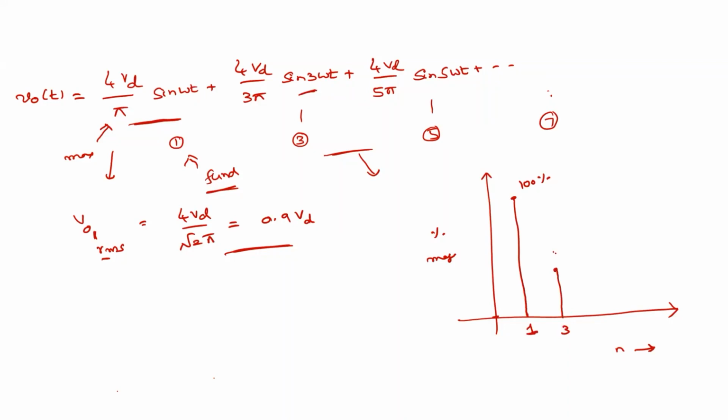Next we have the fifth order harmonic, that is 100 by 5, so 20%. Similarly, the seventh order harmonic is 100 by 7%. This will go up to infinity. So this is only the fundamental, and the rest of these are the harmonics.